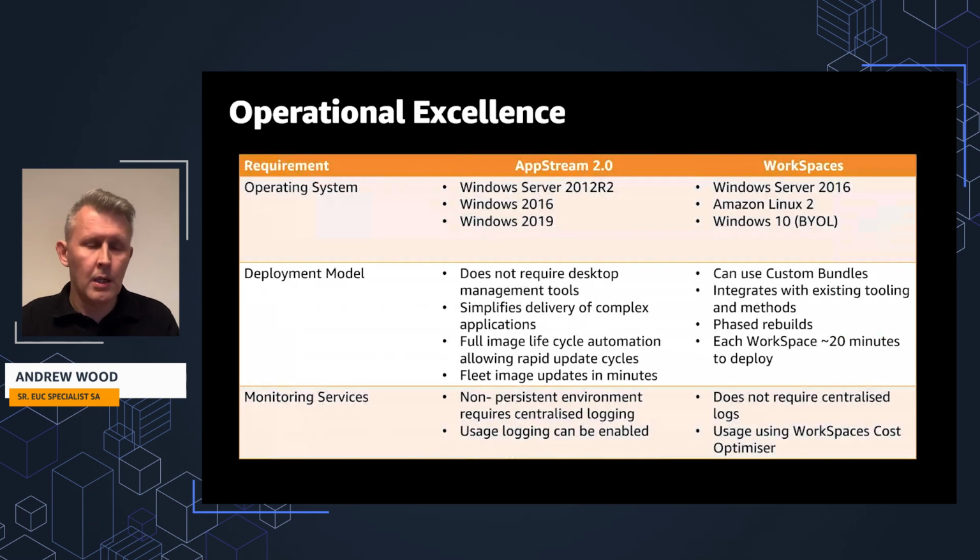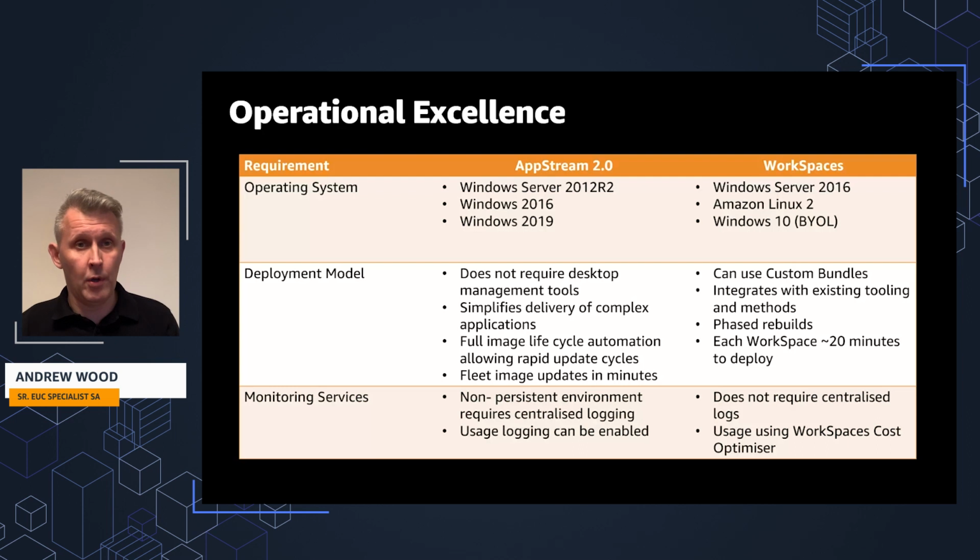When considering operational excellence, key selection points, differences for AppStream and WorkSpaces include what you see on the screen. In terms of requirements for application operating system, AppStream 2.0 does support Windows 2012 R2, Windows 2016, and Windows 2019. With WorkSpaces, you have Server 2016, Windows 10, and Amazon Linux.